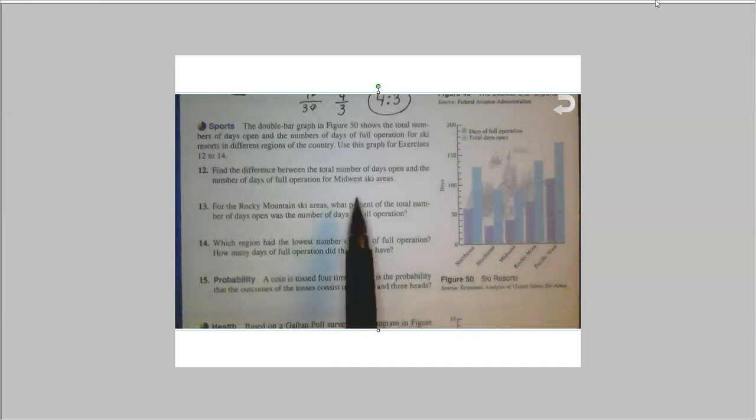So this shows the total number of days open and the number of days of full operation for ski resorts in different regions of the country. So I've got different regions here, and then this axis is how many days. Notice they're counting 10, 20, 30, 40, 50, and so on. Purple is days of full operation, where blue is the number of days that they're open.